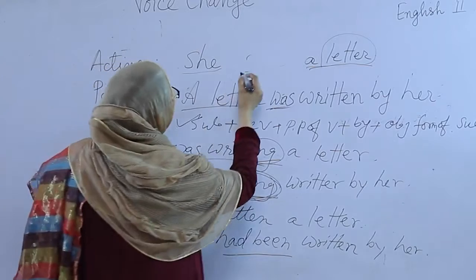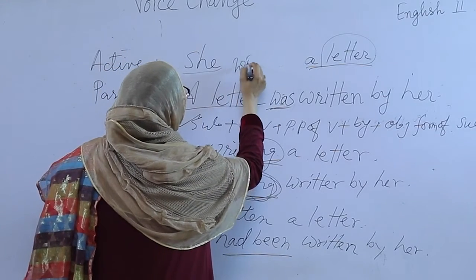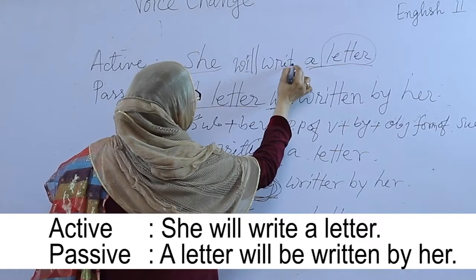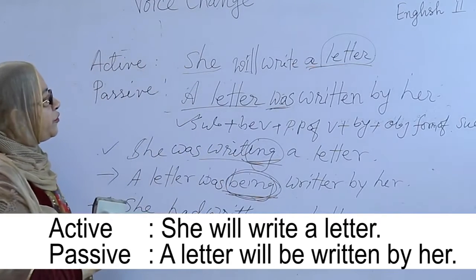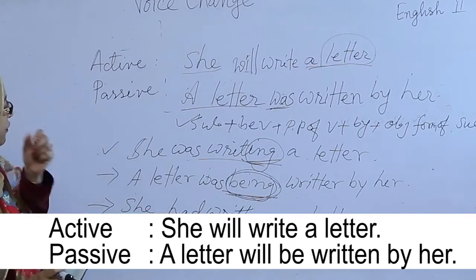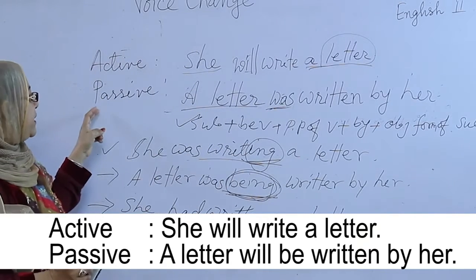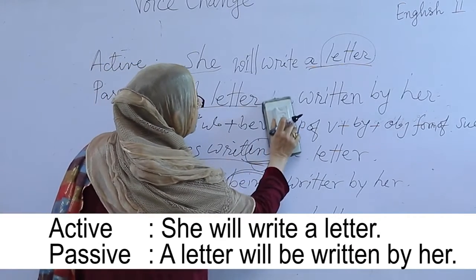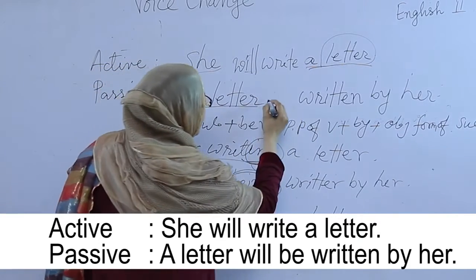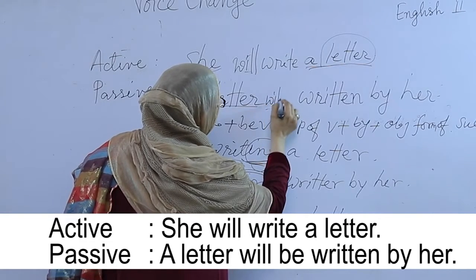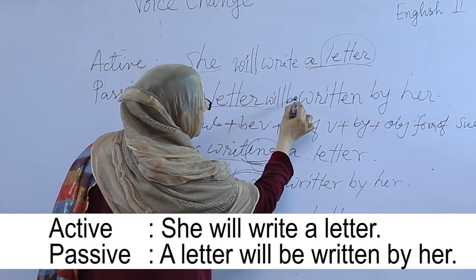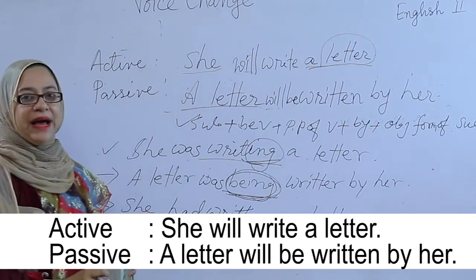Be attentive. She will write a letter. This is a future indefinite form of a sentence. When I turn it into passive, I use a letter will be written by her.